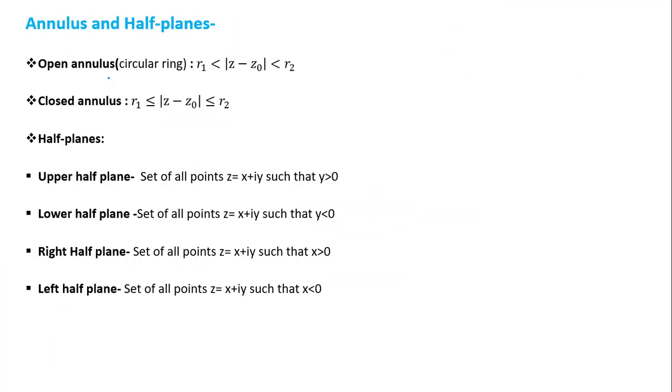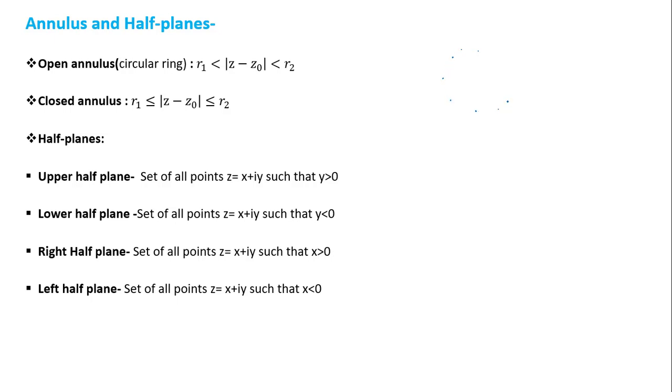Next, annulus and half planes. Once we understood interior, exterior and open circle, we will very easily understand this. Open annulus, circular ring. Mod of z minus z naught.